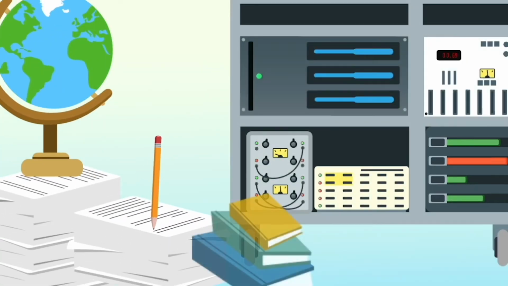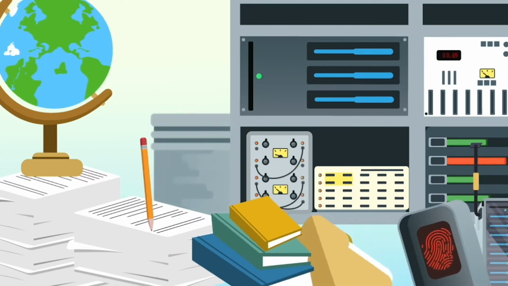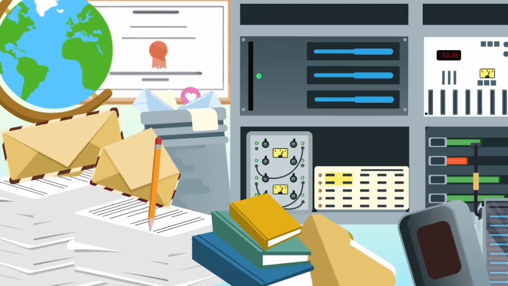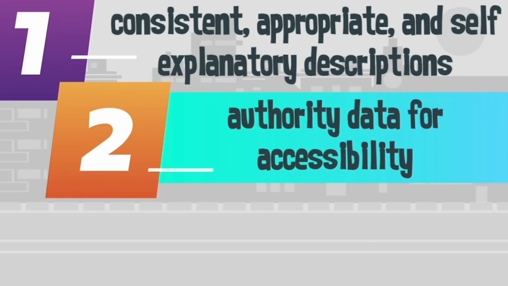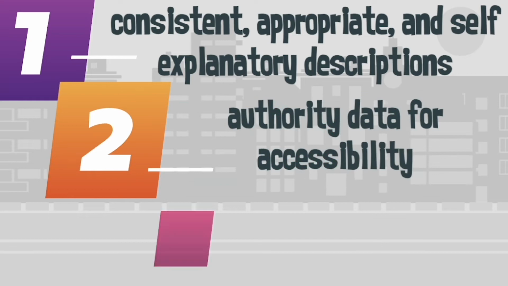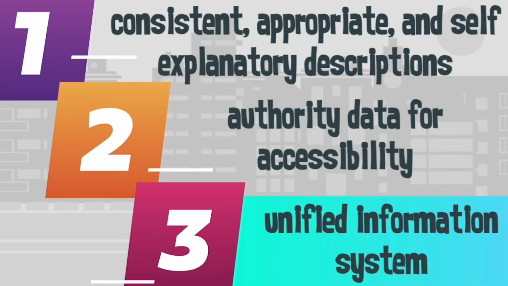This standard contains general rules for archival description that may be applied irrespective of the form or medium of the archival material. It is part of a process that will ensure consistent, appropriate, and self-explanatory descriptions, enable the sharing of authority data for accessibility, and empower the integration into a unified information system.